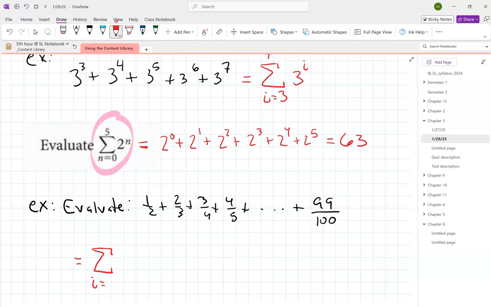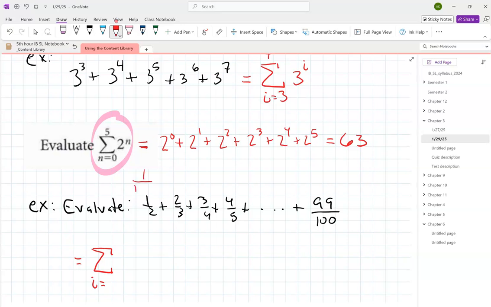So the first thing I want to do is try to figure out the function that goes here. So if I look at each term of this, how are the terms changing? Can we figure out a formula here? This is going to be just looking at it in our heads.